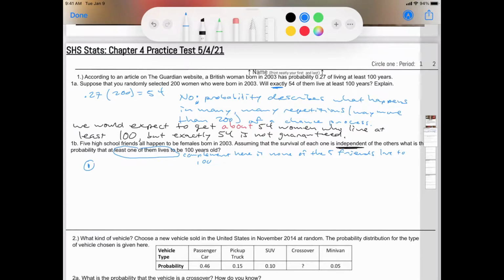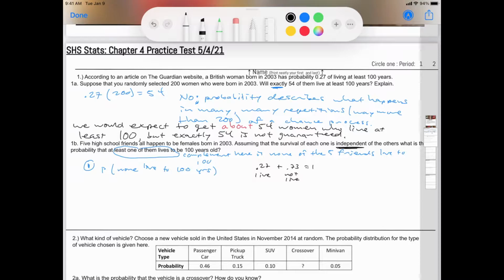So the first part you need to figure out is, what's the probability that none live to 100 years. And you can do some quick calculations that if it is 27% to live to 100, that means there's a probability of 0.73 to not live to 100 because those equal 1.